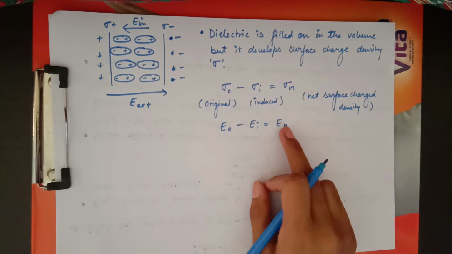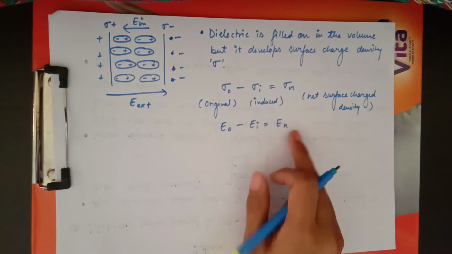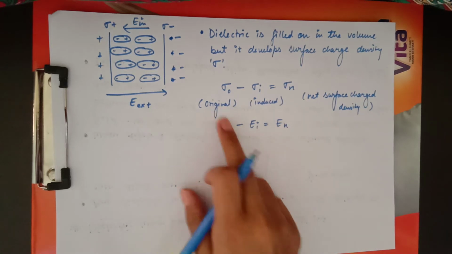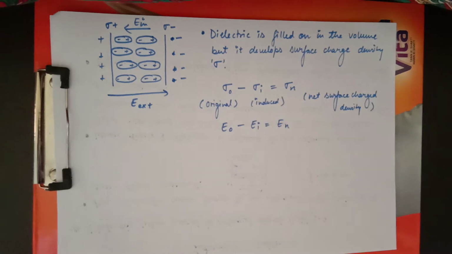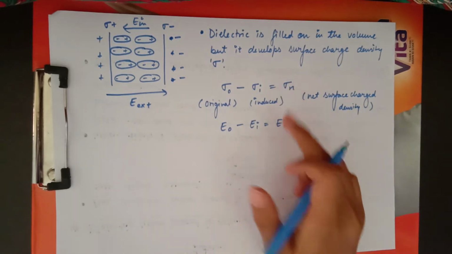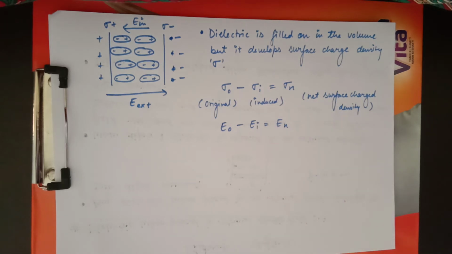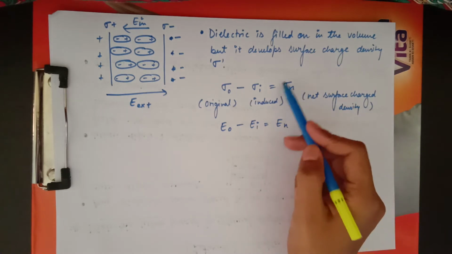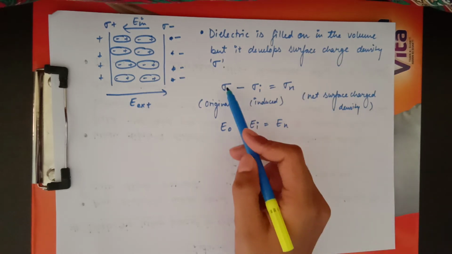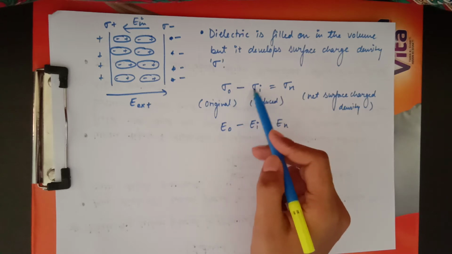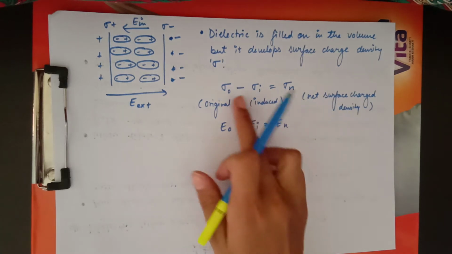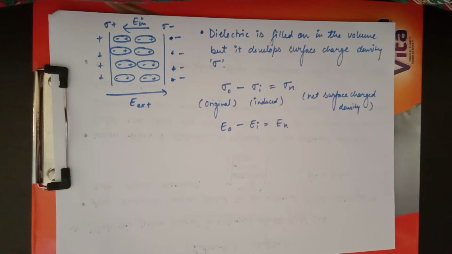So the net electric field intensity is given by E n, which is equal to E original minus E induced. From these two equations you can see that sigma is the surface charge density, or it denotes your charge. So we can say on the introduction of a dielectric, net charge decreases. You can see net surface charge density is sigma original minus sigma induced. So on the introduction of a dielectric, net charge decreases.